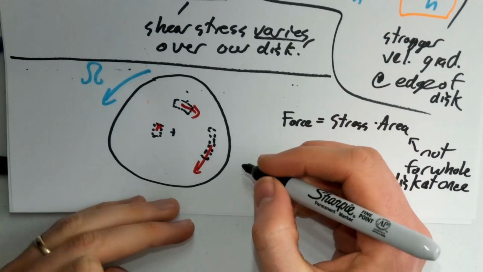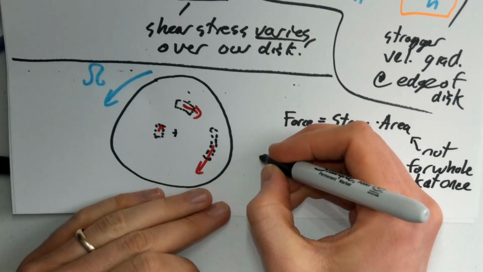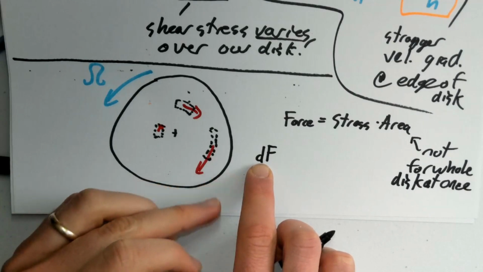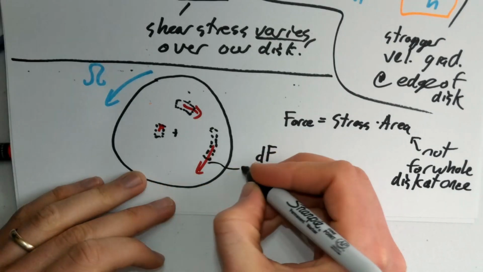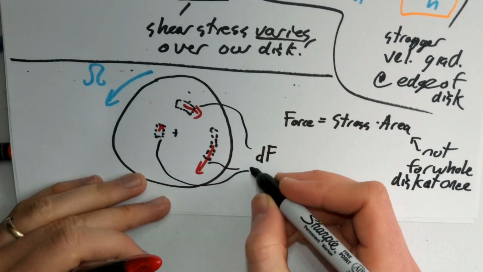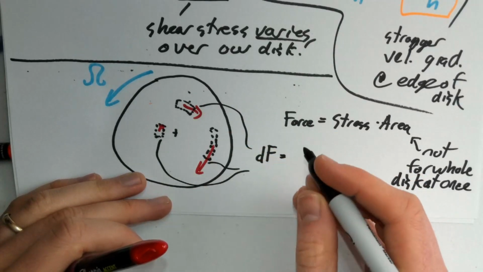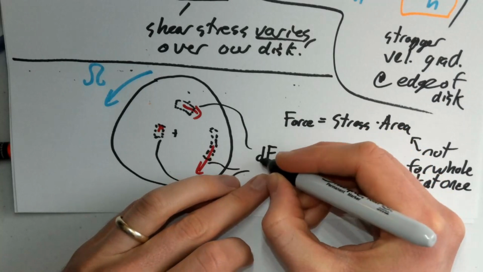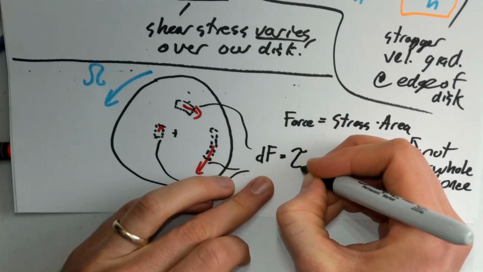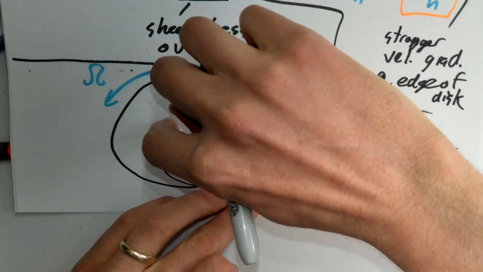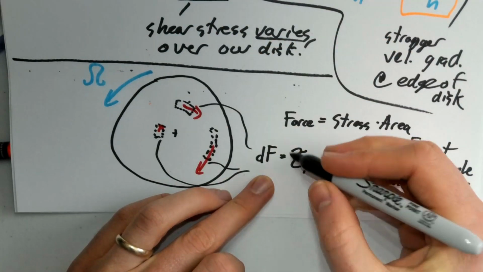So instead, what we're going to do is say that there are a bunch of infinitesimally small forces, dF, that each little chunk of this disk has some tiny little dF acting on it. And in that case, all the little dFs are going to be tau yx times the little infinitesimally small areas that belong to each of these chunks.